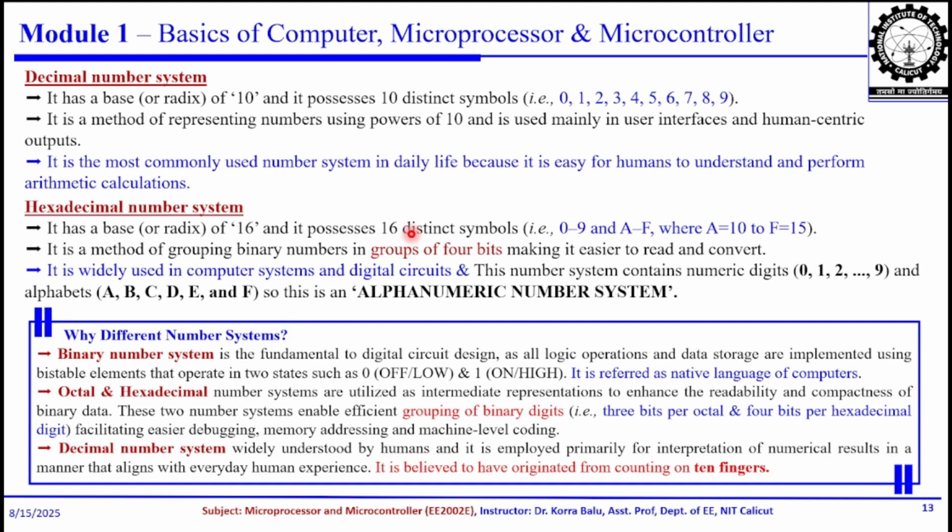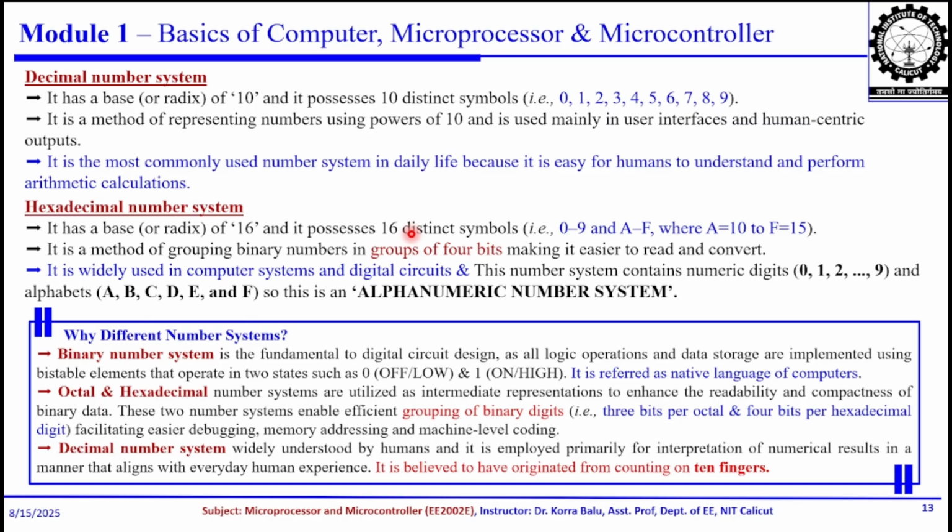The native language of the binary computer is the binary number system, so anything we represent has base 2, and with powers 0, 1, 2, 3, 4, you map it into the binary number system.